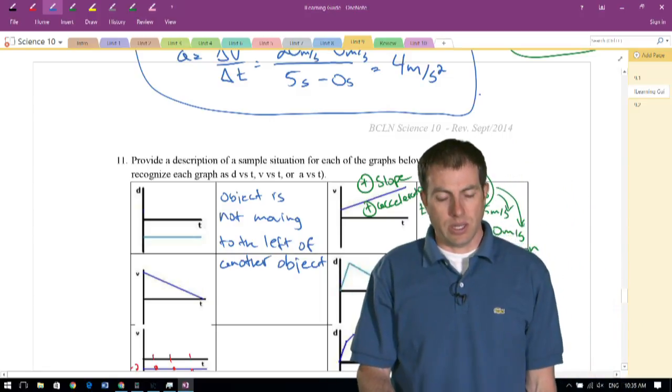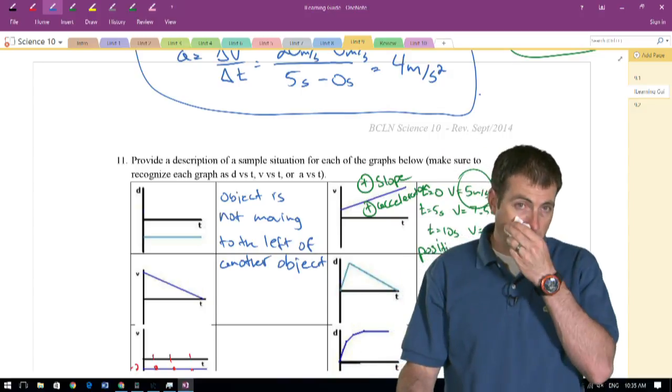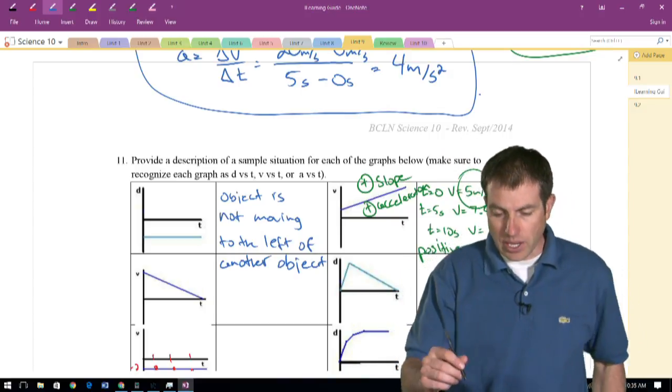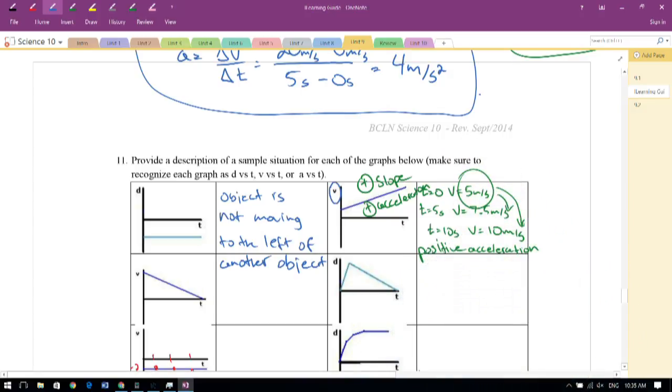Object's not moving. The second graph here, I have a velocity time graph, and I have a positive slope, so it means my velocity is increasing. I could just put in numbers, but I don't have to. And it just means it's accelerating. I have positive slope, means the object's accelerating.